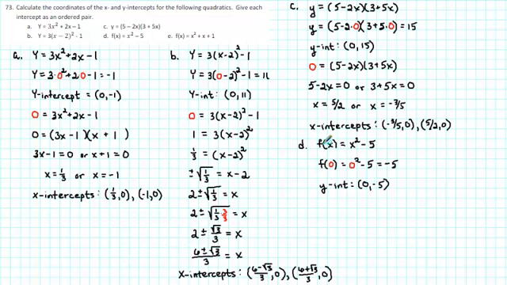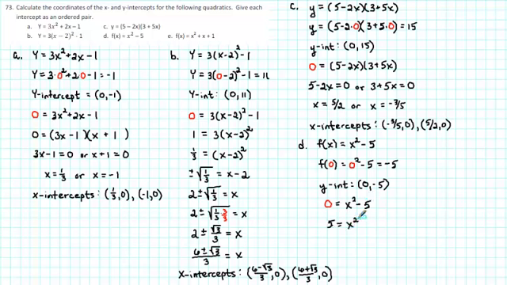Now in our equation, we don't see y explicitly written down, but we understand that the symbol f of x denotes our variable y. So we're going to put 0 in place of f of x and then solve for x. We get 0 is equal to x squared minus 5. To solve for x, we first add 5 to both sides, and we get 5 is equal to x squared.